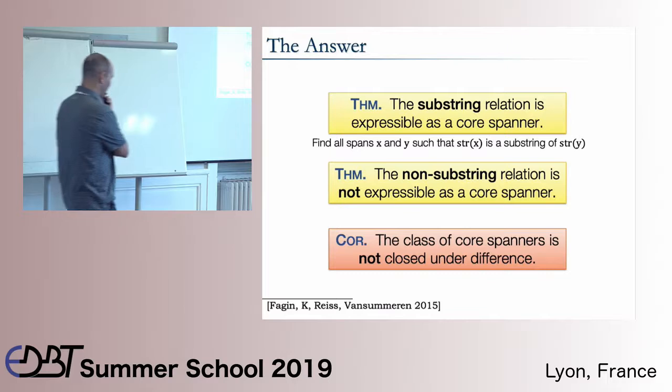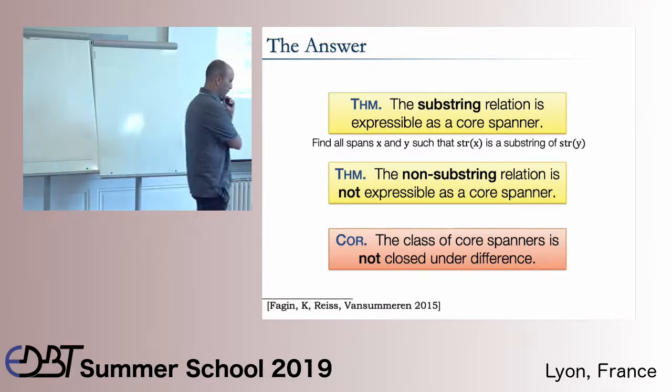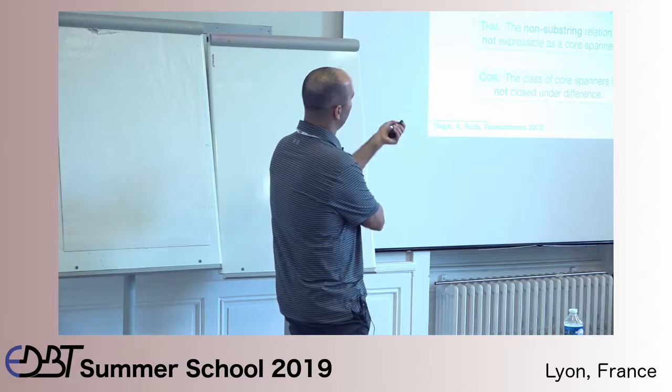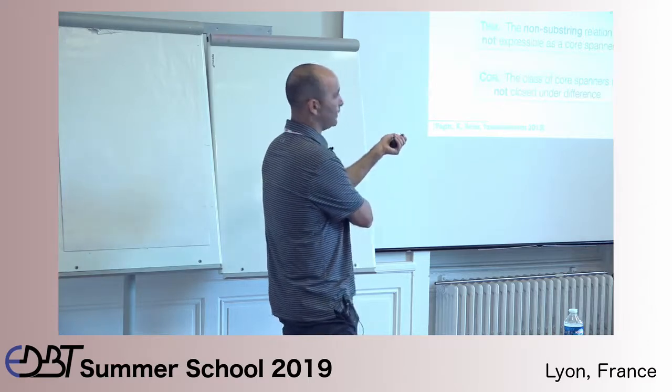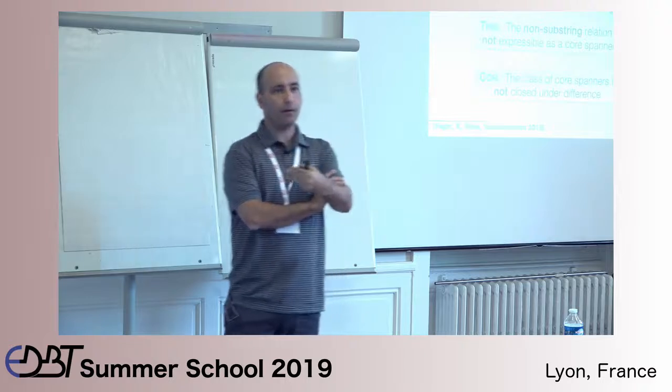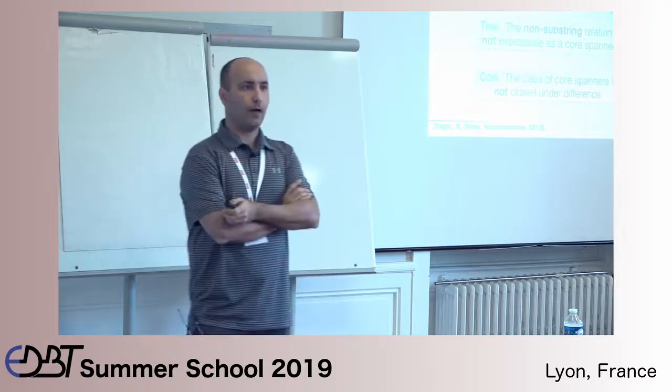Okay, so a part of the challenge that I've written is to play with these substring and non-substring relations and code them in the language of Datalog on top of regex formulas.